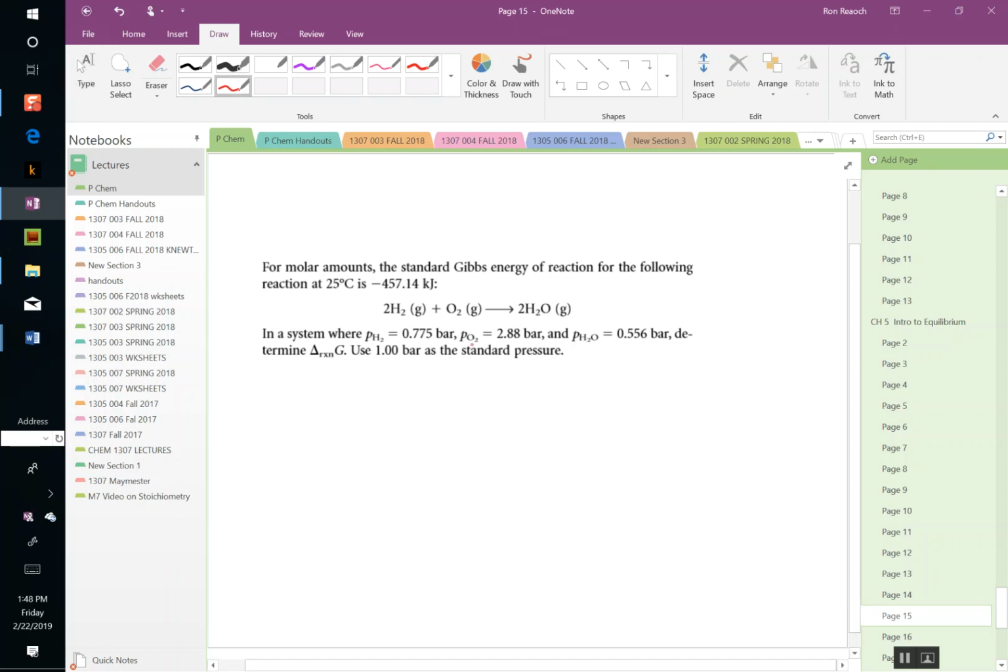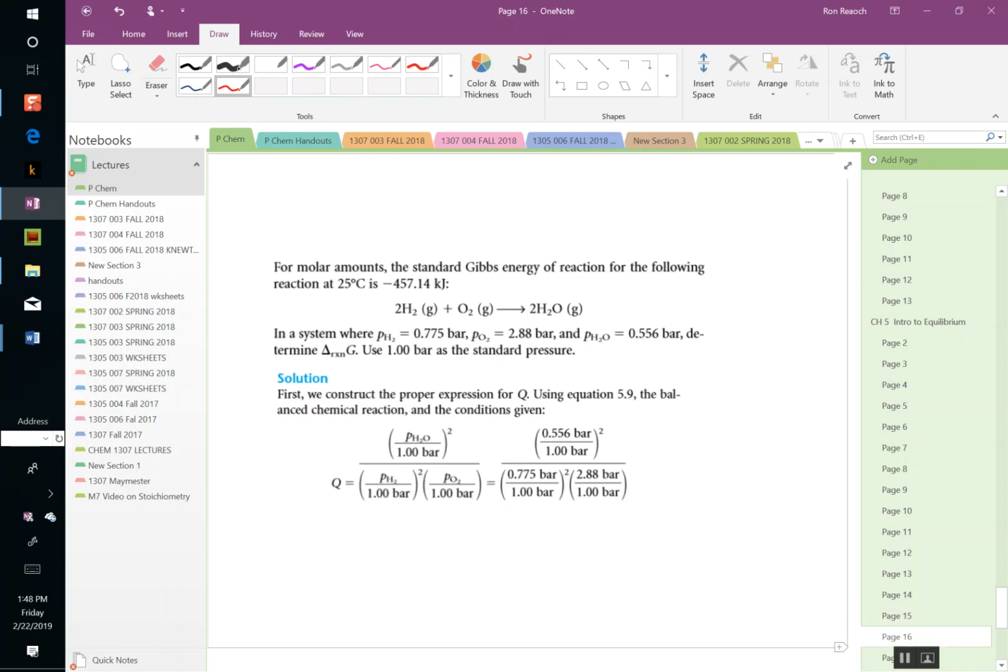To calculate the chemical potential, first calculate Q, so Q is up here, equal to all this. Crunch this out real quickly. You've got about a minute. See if you can crunch that out.